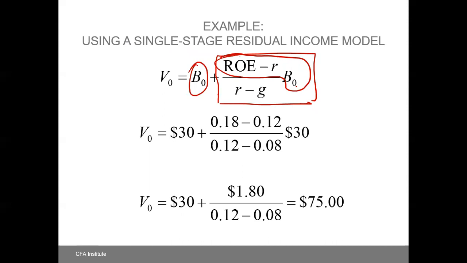We have the book value of equity per share of 30, and 0.06 multiplied by 30, you'll get the residual income of 1.8, and you'll get 75, which is the value of the share using the residual income model. This is if we use the Gordon growth model, because the growth stage is a single stage growth model.